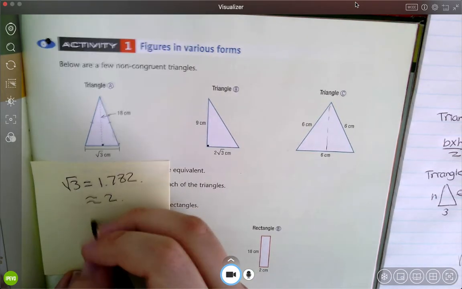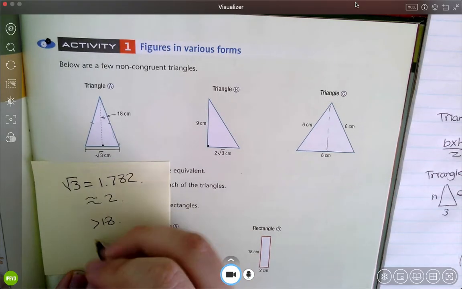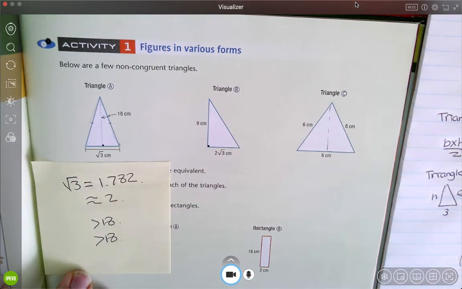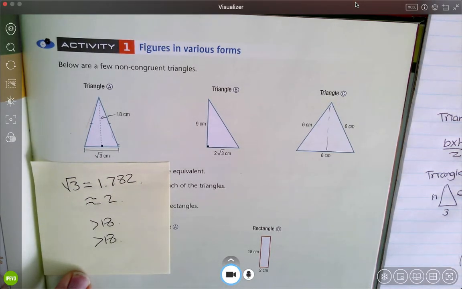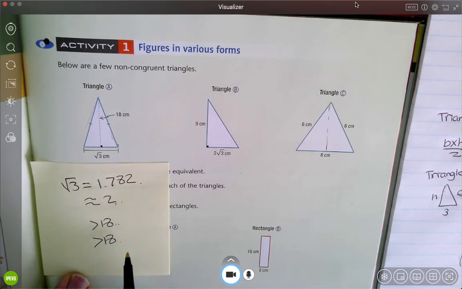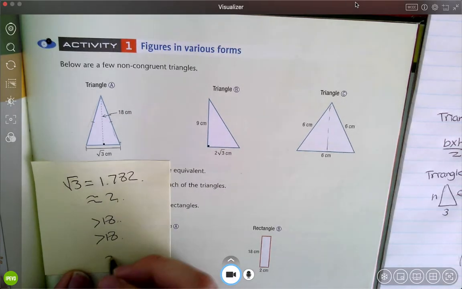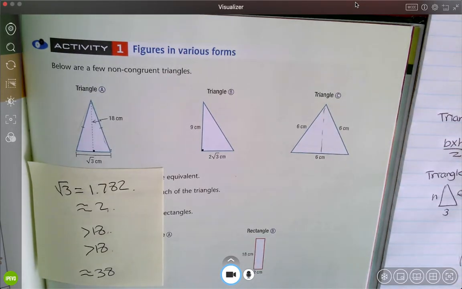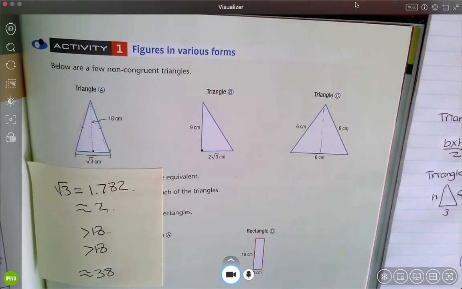And over 18, because I have two of them, this one and this one. So if we just add it up, we have 2 plus 18 plus 18. 18 plus 18 is 36, plus 2 is 38. So the perimeter is about 38 minimum.